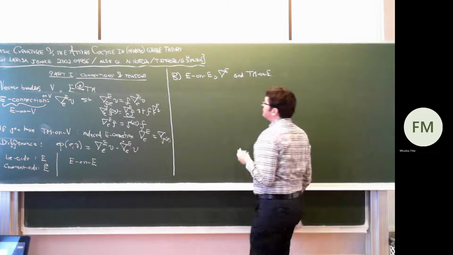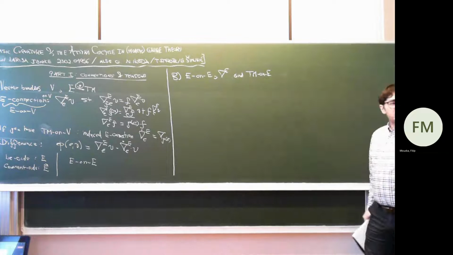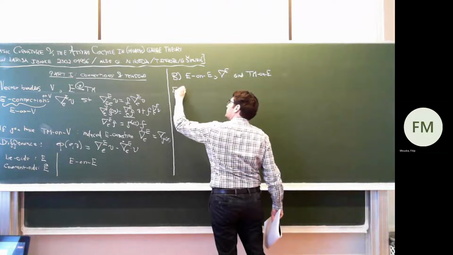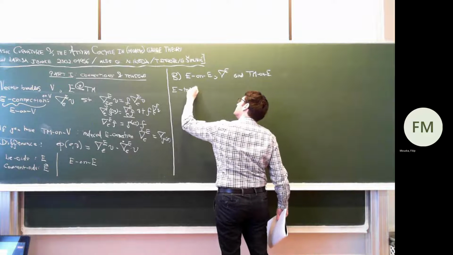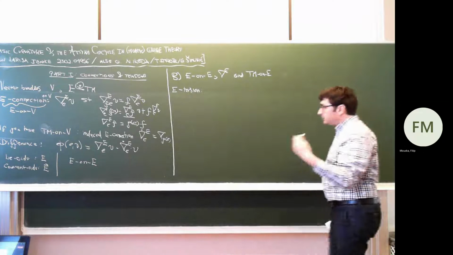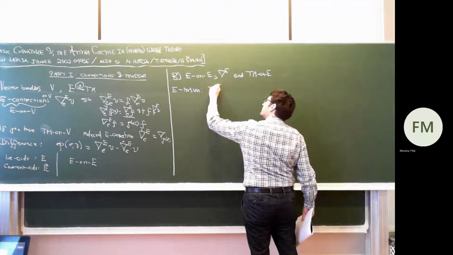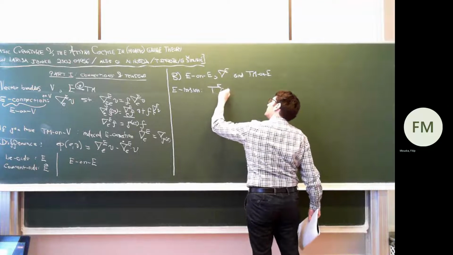So now, when you have these two objects, you can construct the following three tensors. The first one is an E torsion, a tensor that I will denote like this.